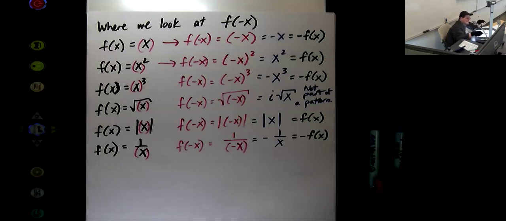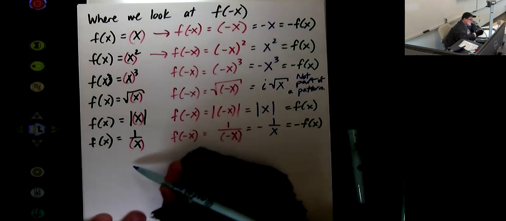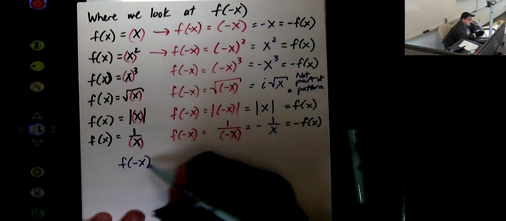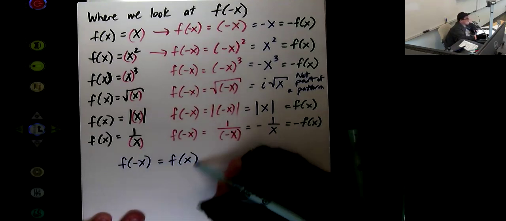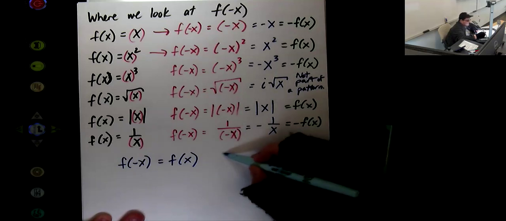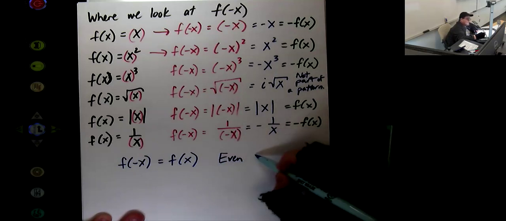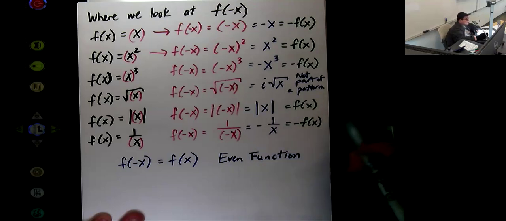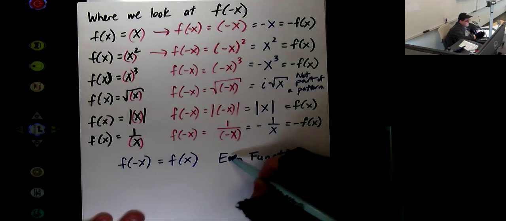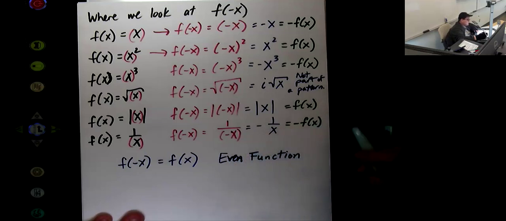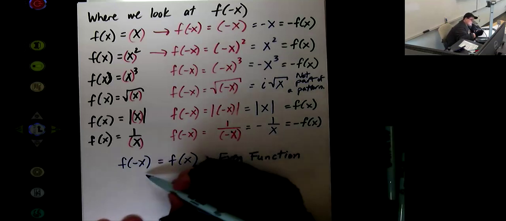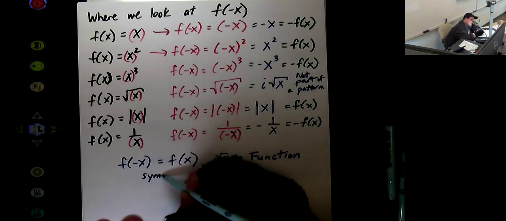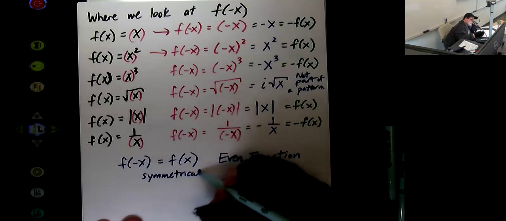But when this happens, and I can stick in negative x and just get back the original, this is called an even function. There will be questions asking you, is this even or not? And even functions are actually symmetrical about the y-axis.